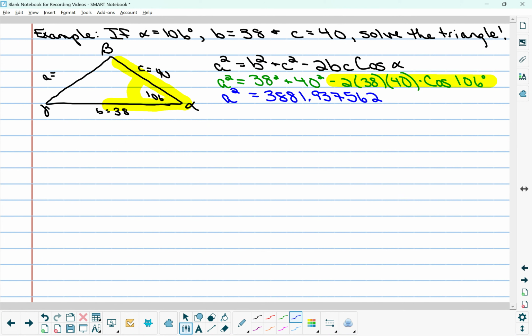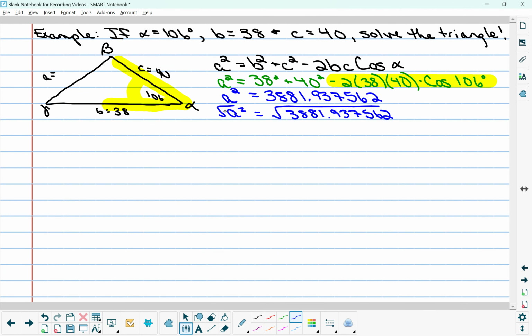3881.937562. Okay. So I don't know if you know how to use the answer button in Desmos. If you don't by this time, you probably should come talk to me and find out how to use that. But you need to take the root of A squared, right? And then we're going to take the root of this big long number. And don't round these numbers before you put these in here.